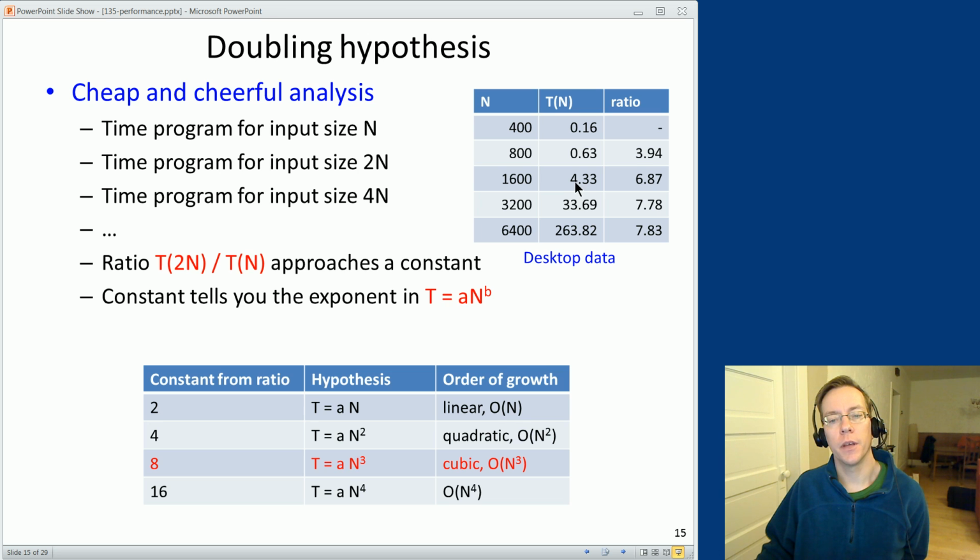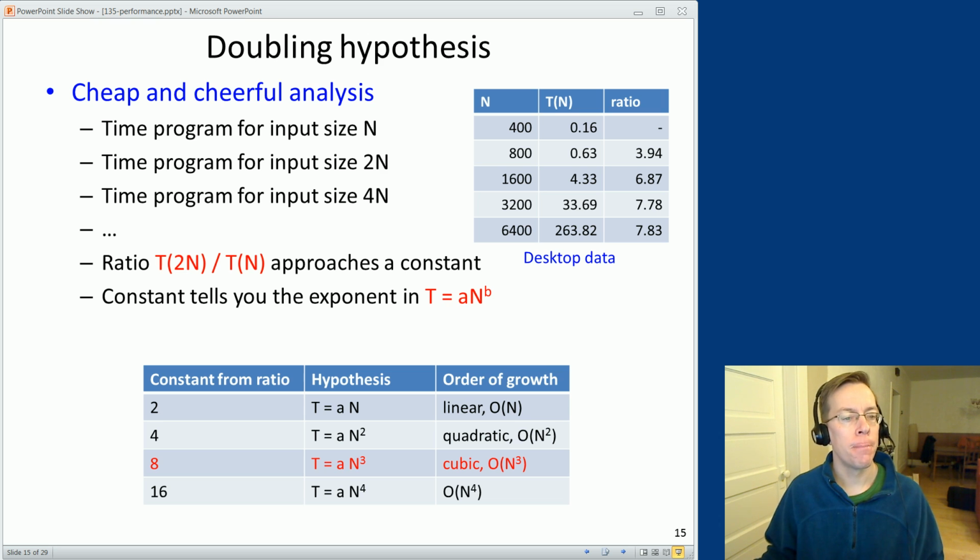Then I did the same thing here, 4.33 divided by 0.63, and so on, and then this one divided by this one gave me that. We're dividing to find out, as I doubled n, what happened to the time. And as I doubled from 3200 to 6400, I had almost a factor of 8 increase in the ratio.